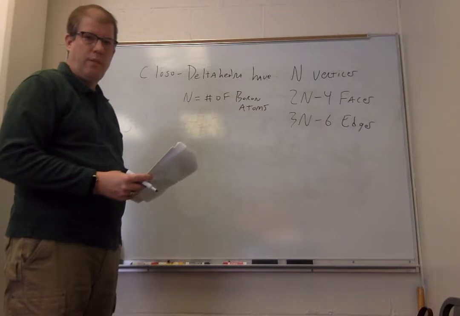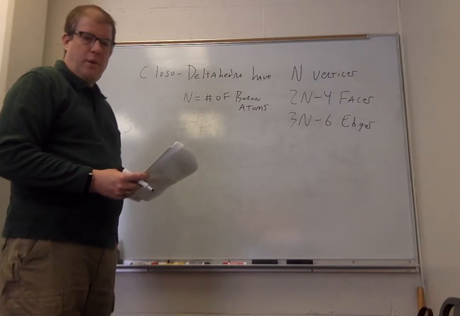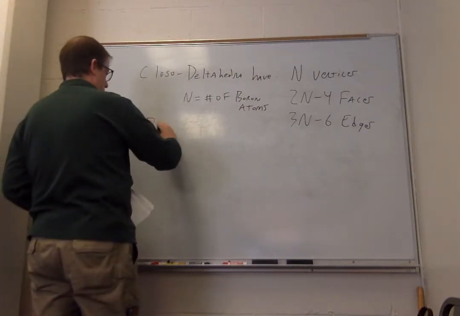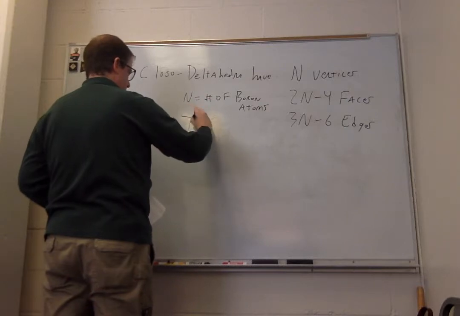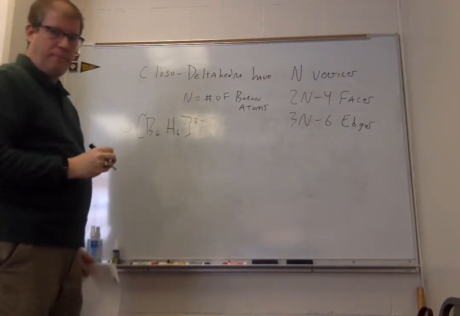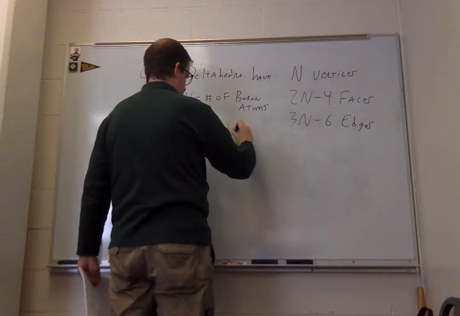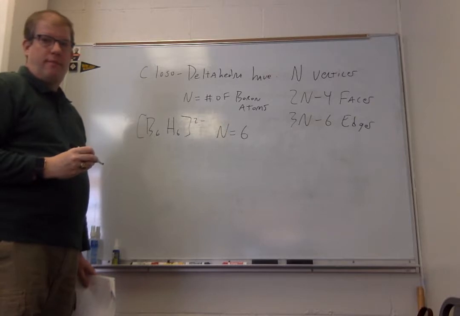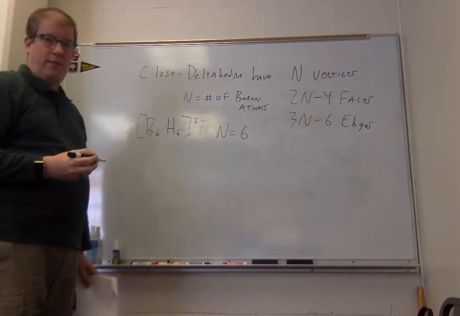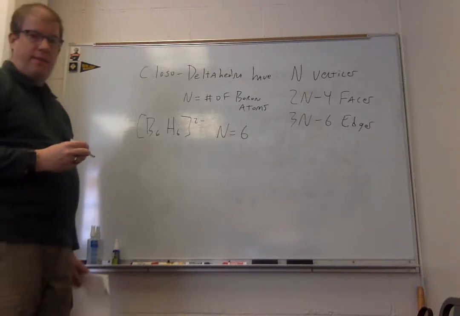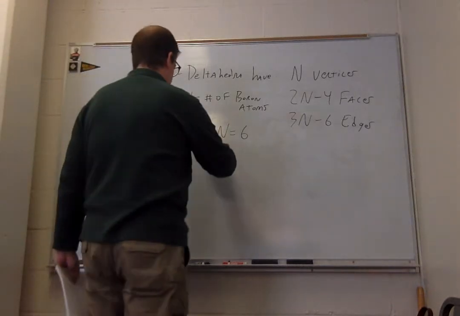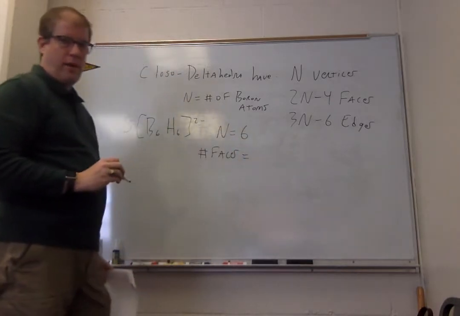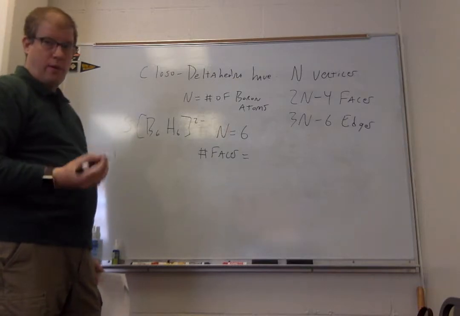Okay. So what then do we do with this? Well, let's look at our cluster at hand. N equals 6. There are 6 boron atoms, 6 vertices. So we already said this is an octahedron. Let's see if we're right, or does our formula agree with what we already know.